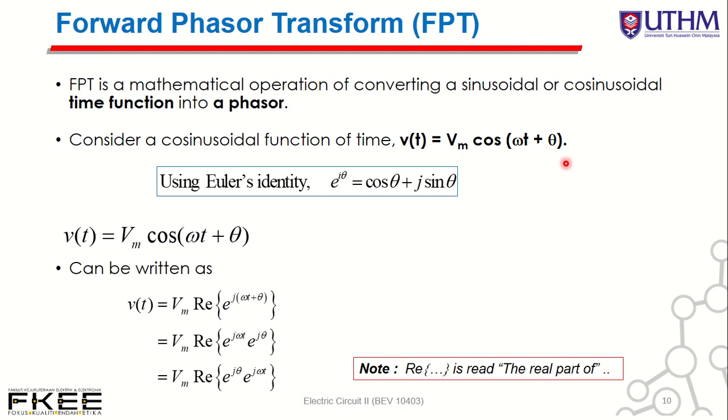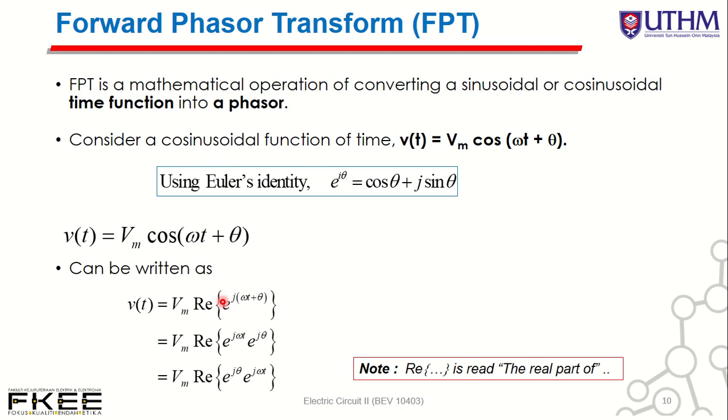Let's say we have a v(t), and then we can convert it by applying Euler's identity, because we know that e^(j theta) equal to cos theta plus j sin theta. So v(t) equal to Vm e^(j(omega t plus theta)).